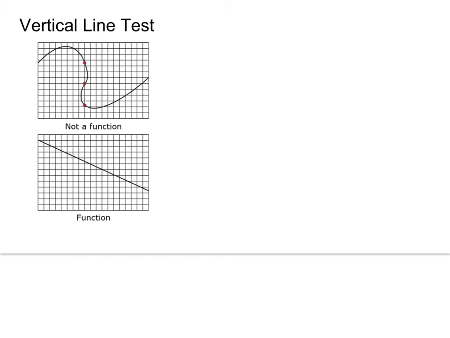We're analyzing that. Let's look at the next one, the vertical line test. Now, the vertical line test tests to see if a graph is a function. And that means that 1 x maps to 1 y and not 2.